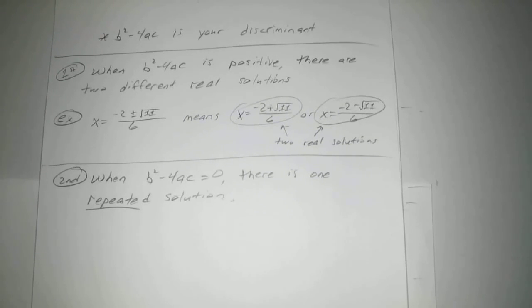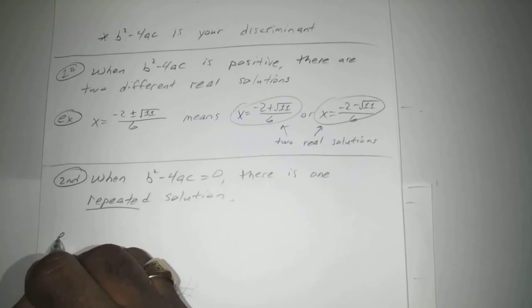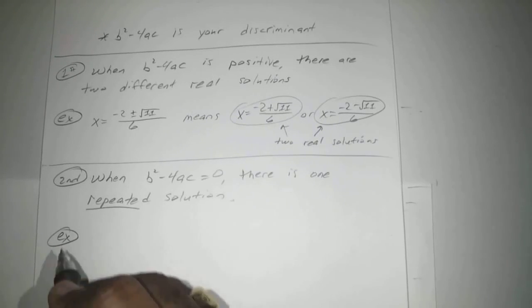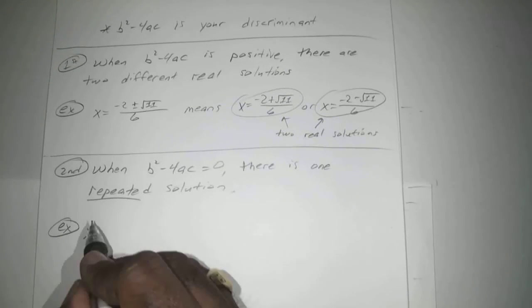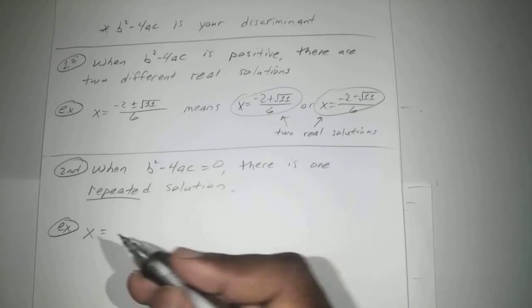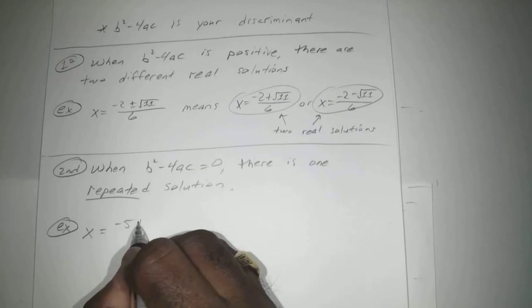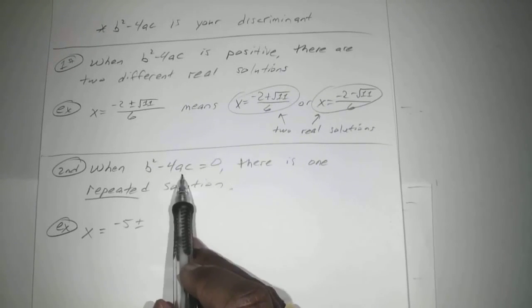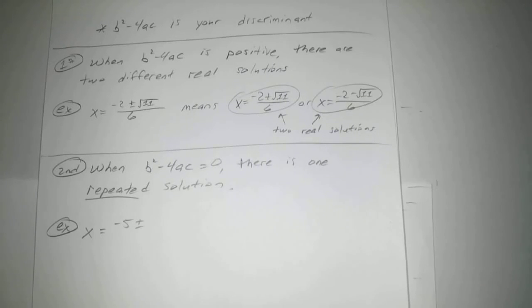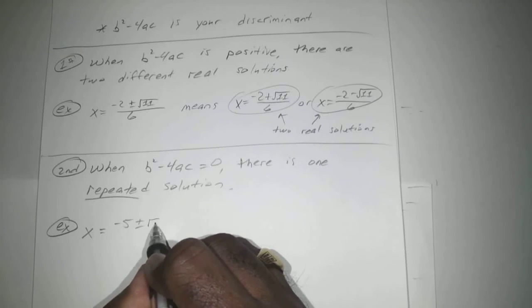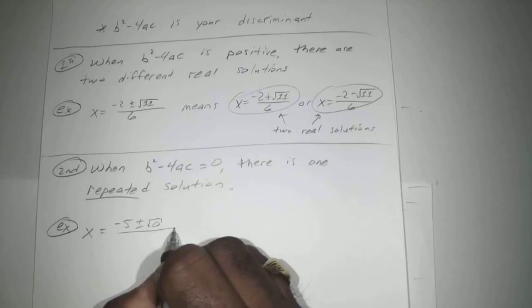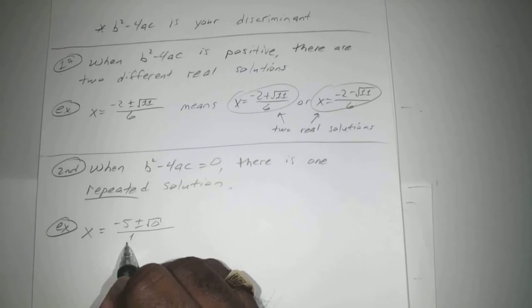So let's say, for example, we know our x is equal to, say, negative 5 plus or minus the square root of b squared minus 4ac, which is 0, so it's plus or minus the square root of 0, all over 2a, and we'll make that 12.